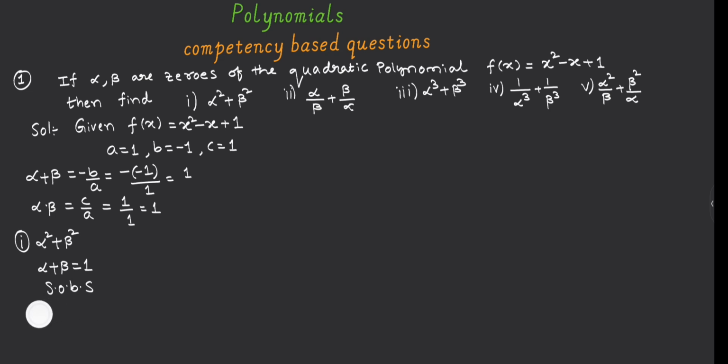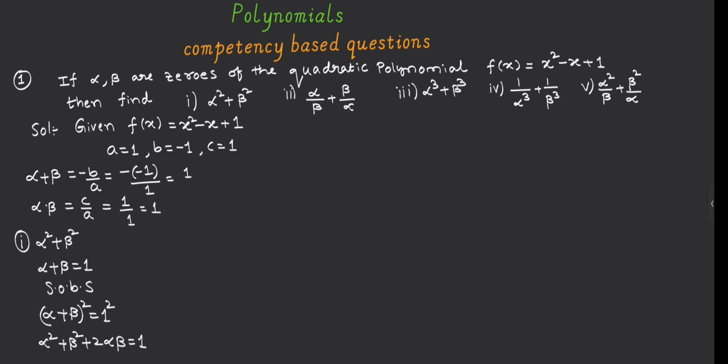Then we get alpha plus beta whole square is equal to 1 square. Now we have to use the a plus b whole square formula. So we get alpha square plus beta square plus 2 alpha beta is equal to 1.